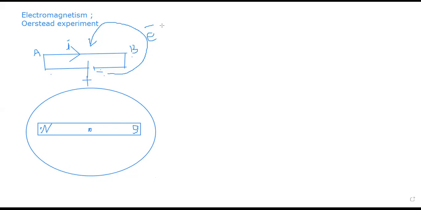If you keep another magnet here, a small pole, if it is a north pole, then it is attracted by south. If it is a south pole, it is attracted by north, like this.